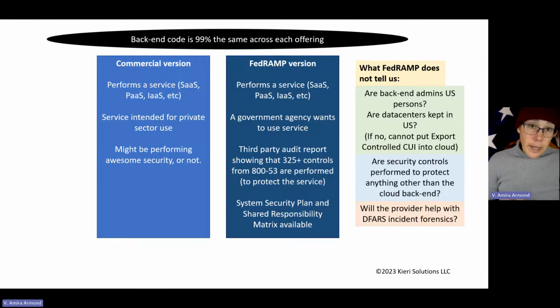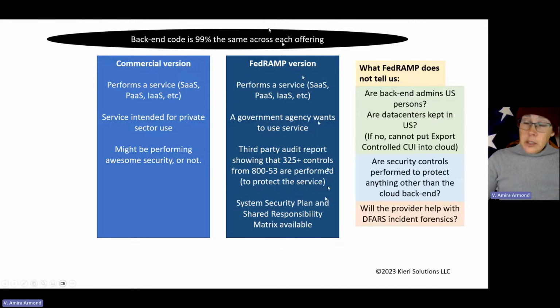When we start talking about ITAR, though, right, arms data, weapon schematics, fighter jets, that is export controlled almost entirely. And you do need to make sure that the cloud that you choose is US person on the back end, that the storage location is in the US.